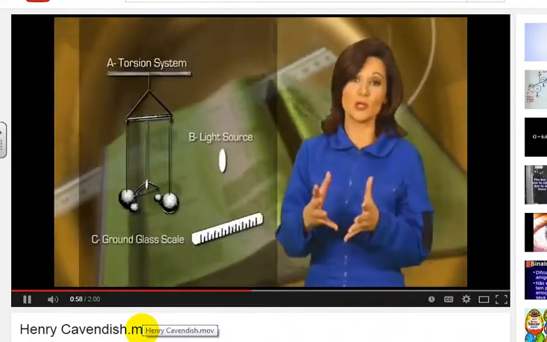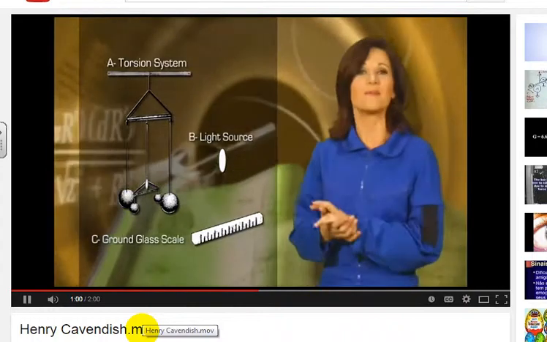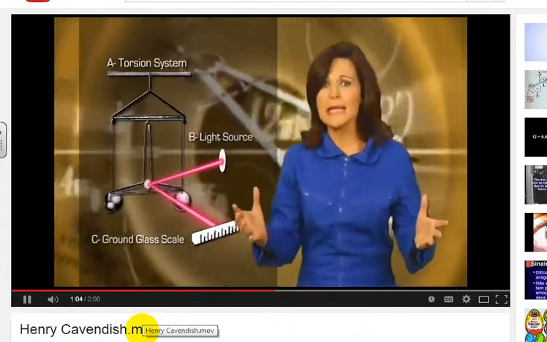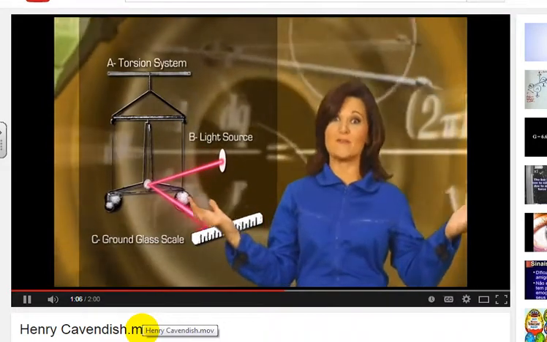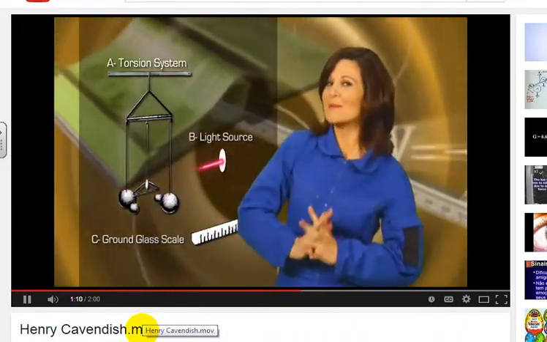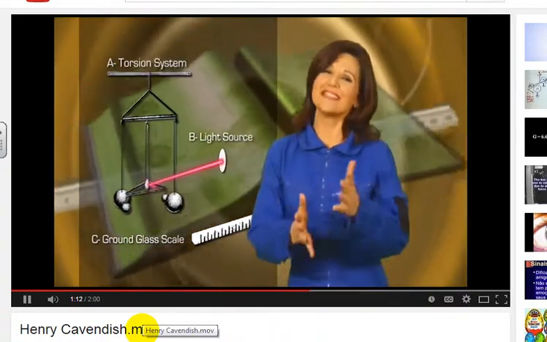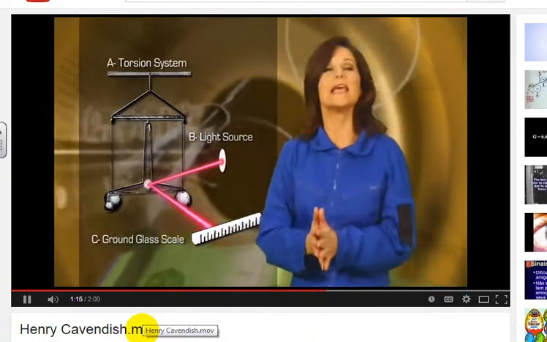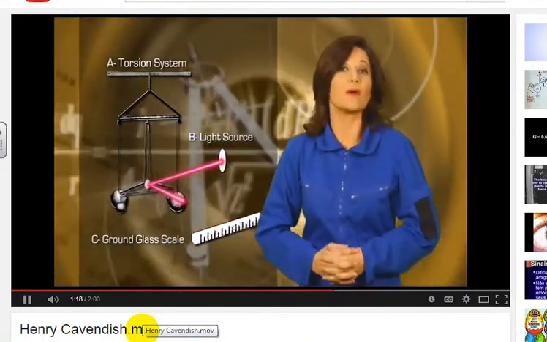Indeed. Now, for this experiment, he used a device with a torsion balance, like that, to measure the gravitational attraction between two 350-pound lead spheres and a pair of 2-inch 1.61-pound lead spheres. Using this experiment, Cavendish found that the Earth's average density is 5.48 times greater than that of water.